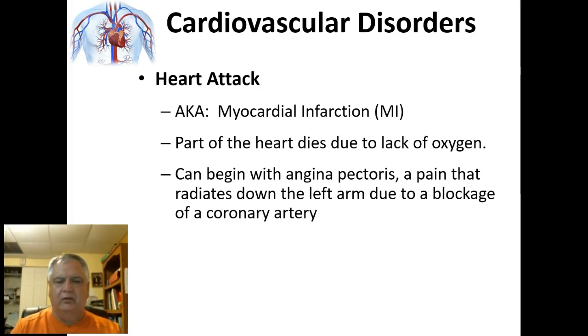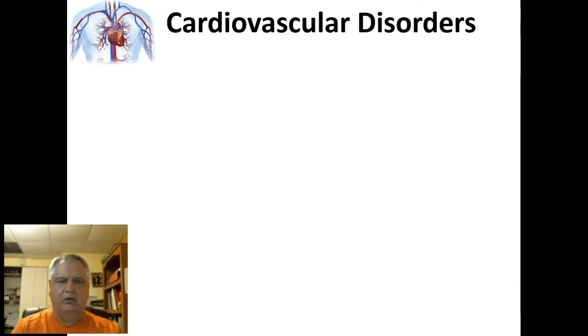And so what's happening is the brain is misinterpreting the damage to the heart as coming from the left arm and from the chest area. So that pain radiating down the left arm is due to the brain misinterpreting where the damaged tissue is. It's called referred pain. Maybe you learned about referred pain when you looked at the autonomic nervous system.